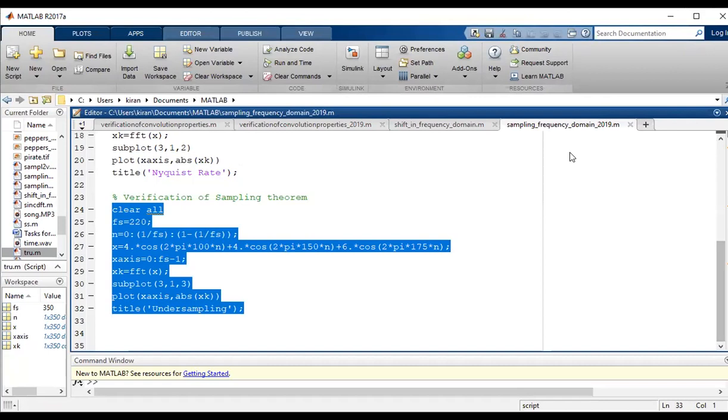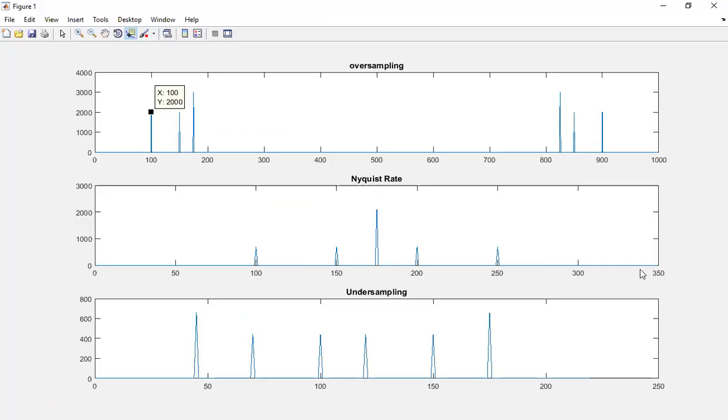So the output is here, and let us see what has happened. Surprise, surprise, surprise. As I told you, when I take a sampling frequency of 220, I am supposed to give values only till 220 divided by 2. And there is a grave problem.